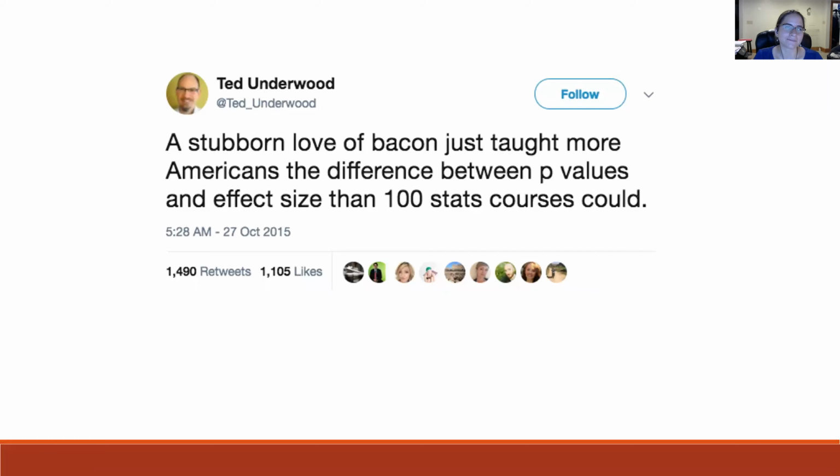And I'm drawing this example because there was this fabulous quote that went around the internet back in 2005 when the World Health Organization declared bacon to be a carcinogen. And this guy named Ted Underwood, who is a great writer, said that a stubborn love of bacon just taught more Americans the difference between p-values and effect sizes than 100 stats courses ever could.